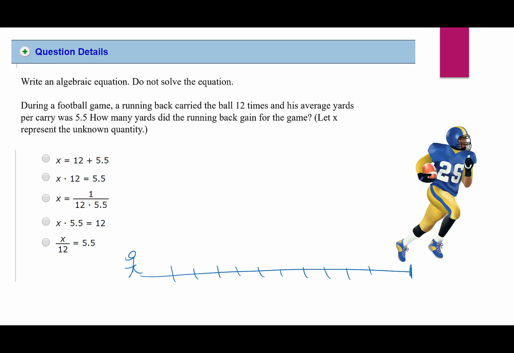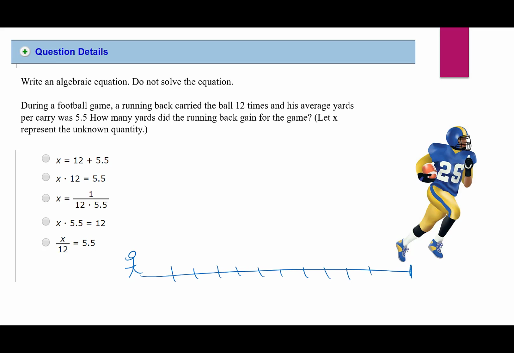Well, that doesn't make sense because it didn't say anything about him running for 12 yards. X times 12 equals 5.5. That doesn't make sense either because x would be a really small number for it to be multiplied by 12 to equal 5.5. Because remember, x is the total amount of yards, so it should be a larger number than 12 and a larger number than 5.5.